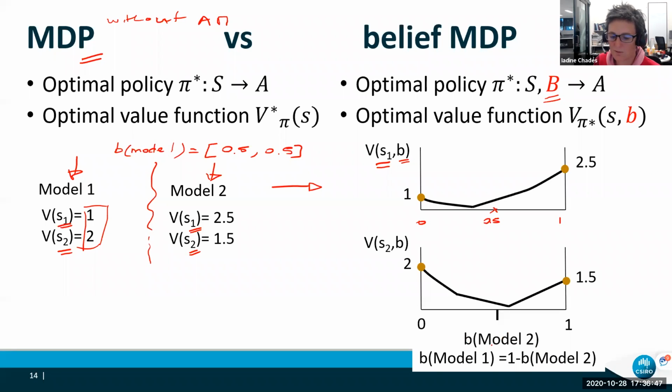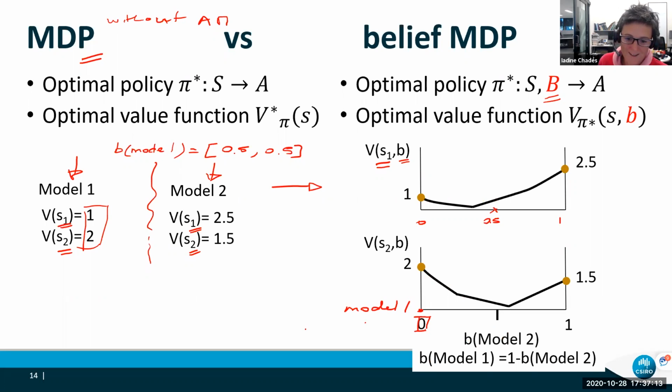So if I get just one, I get the other one. Make sense? Okay. So the way we would read that graph is that when the belief of model 2 equals 0, that means that model 1 is true.